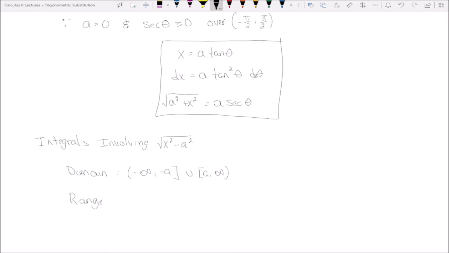If we take a look at the range of secant of theta over the domain 0 to pi over 2 unioned with pi over 2 to pi, it is also negative infinity to negative 1 unioned with positive 1 to infinity.